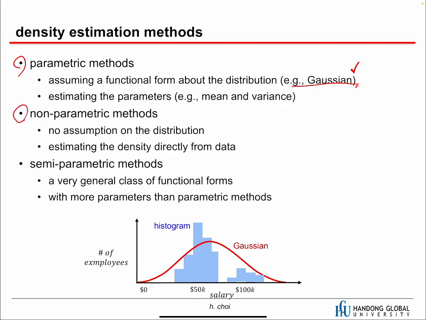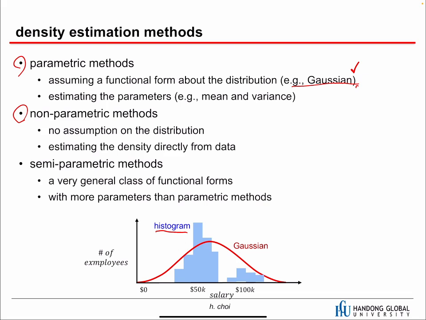And there is another method, non-parametric method. In this case, we have no assumption on the distribution. We just estimate the density directly from the data. As a simple example, we can think of histogram. In the histogram, technically there are a couple of parameters, but it is different from the parametric method.